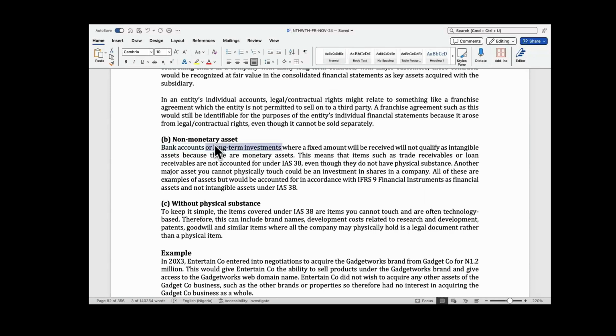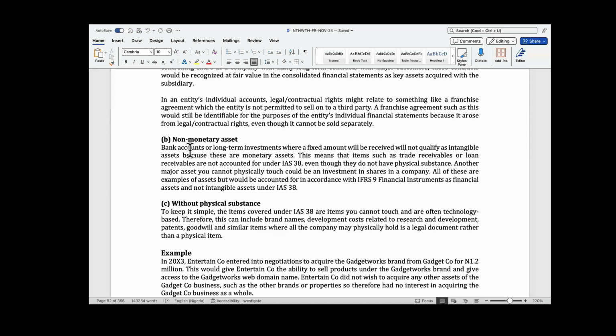The benefit you get from your investments or your bank, both of them are assets. But with this type of asset, you know how much you will get back. Your bank, you know how much is there. If you need your money, you can go there at any point in time and withdraw a fixed amount. Your investments, either in shares or debt, you know how much is there on a particular day. It might fluctuate, but you can go there and liquidate it and get a fixed sum.